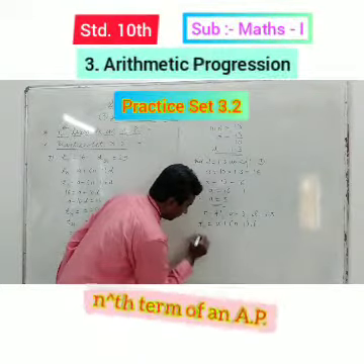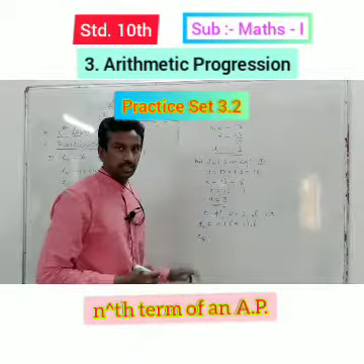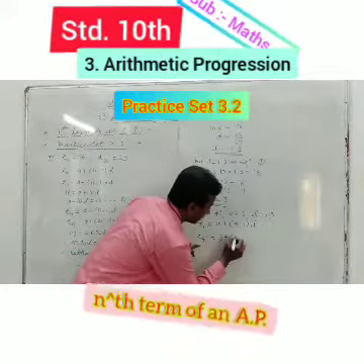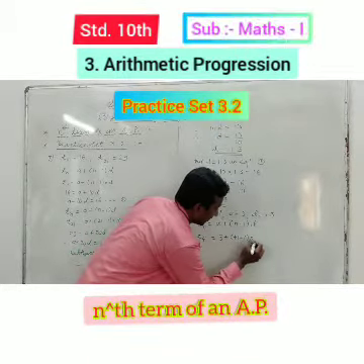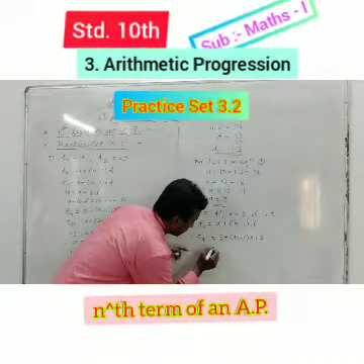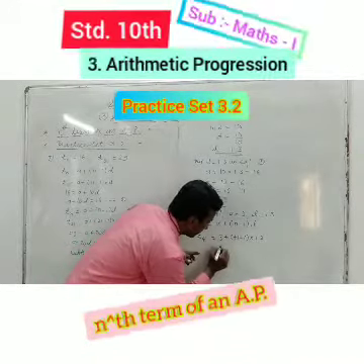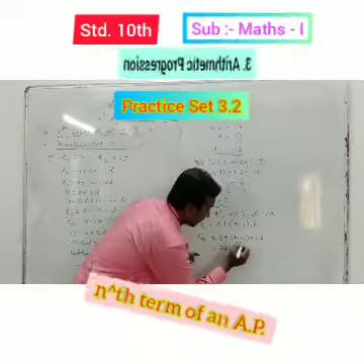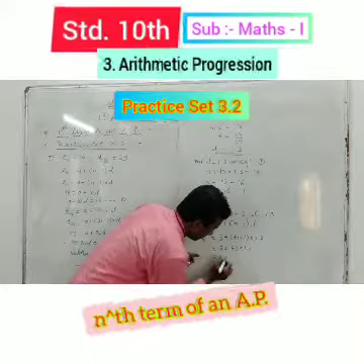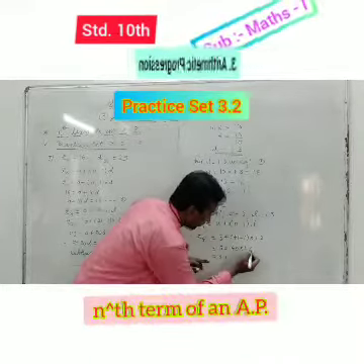T41 is equal to a, which is 3, plus 41 minus 1 into d, which is 1.3. It is equal to 3 plus 41 minus 1, which is 40, into 1.3, that means 3 plus 40 into 1.3.